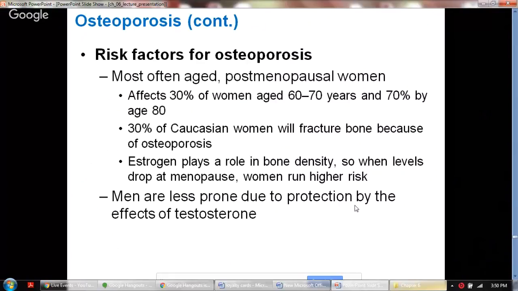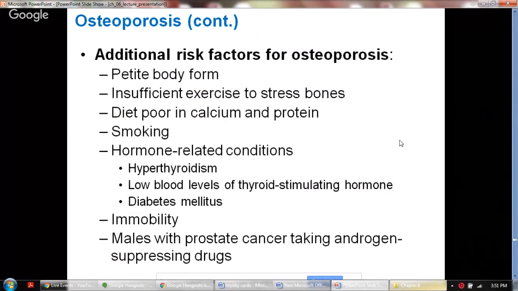And men, of course, are less prone because of the protective effects of testosterone, because they do not go through a menopause kind of thing. But if they get treatments, for instance, androgen suppressing drugs, then they are much more prone to osteoporosis as well.